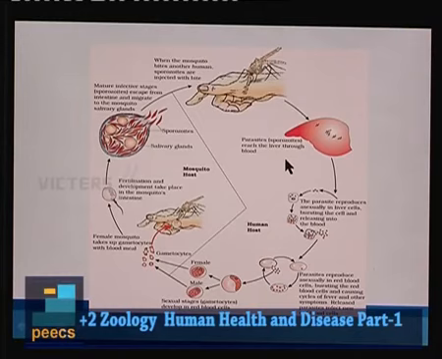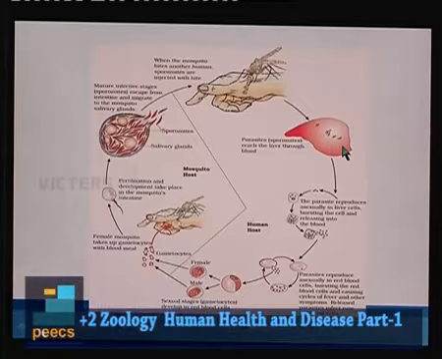And you can see here, after schizogony there will be formation of cryptomerozoites. They are called cryptomerozoites because these merozoites are hidden, they are not visible in blood. That is why we say that these are cryptomerozoites.